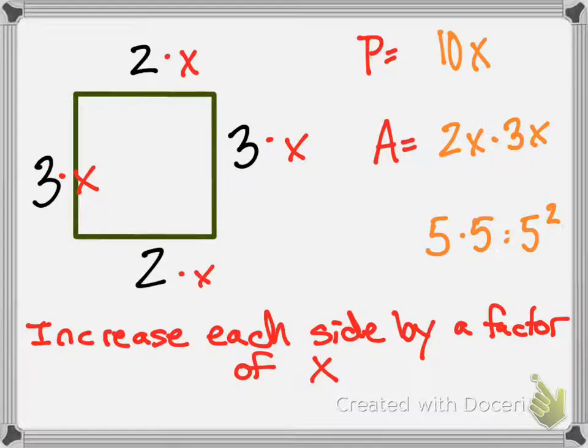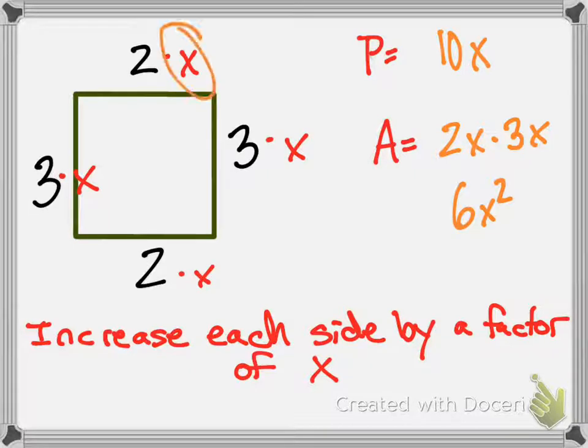And as such, because we are multiplying these two x's together, 2 times 3 is 6, and x times x makes x squared. Something times itself makes it a squared.